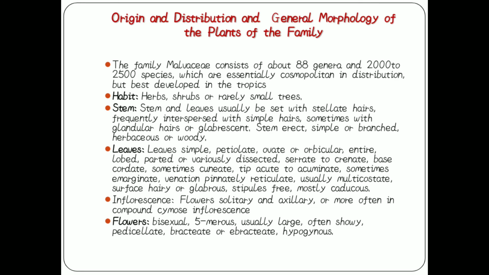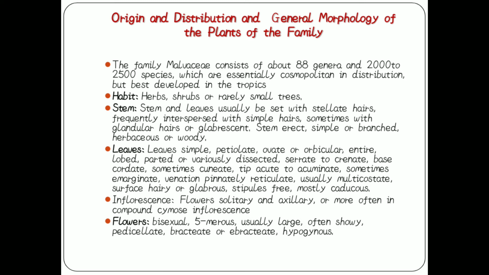The family Malvaceae consists of about 88 genera and 2000 to 2500 species, which are essentially cosmopolitan in distribution but best developed in the tropical areas.